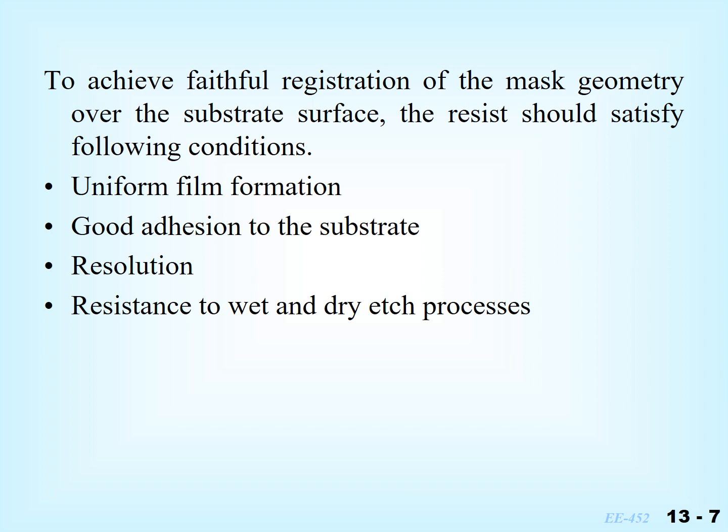Now, what is desired? We want to selectively remove the silicon dioxide region, and for this we want to selectively remove the photoresist first. A good photoresist is the one which will form a uniform film. That means the thickness of the photoresist is similar all over the wafer surface.